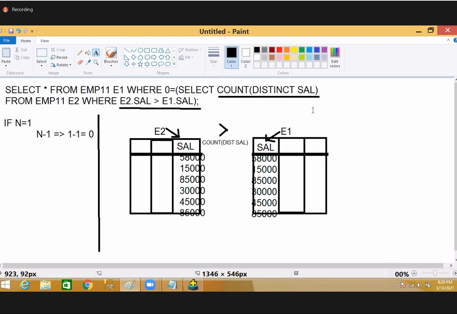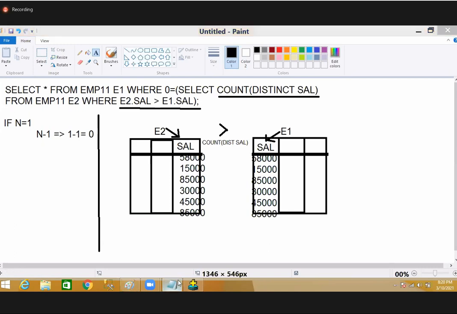But tell me one thing: in our correlated subquery, which query is executed first, outer query or inner query? Yes, first the outer query is executed.